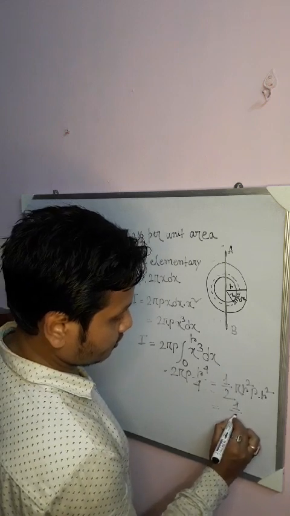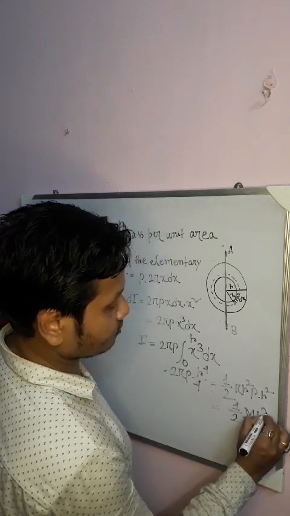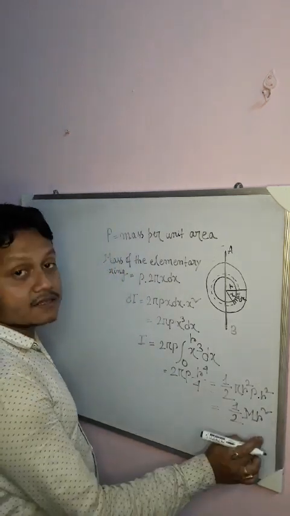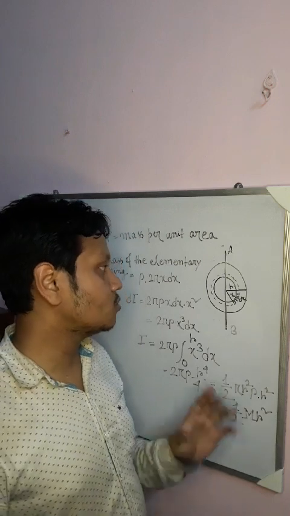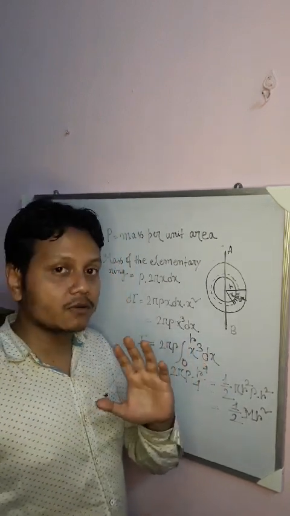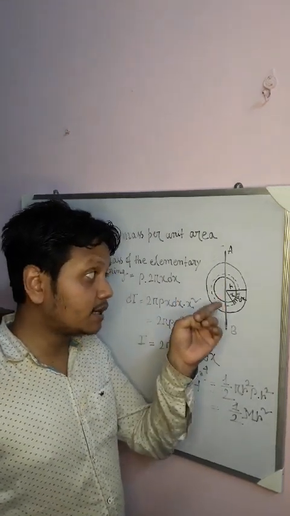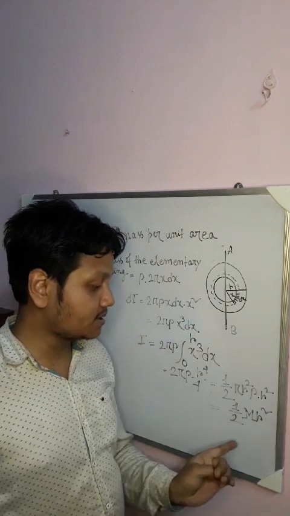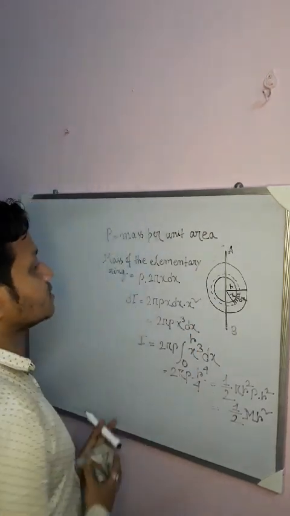So this is the result that we require: the moment of inertia of a circular disc about an axis passing through the center and perpendicular to the plane of the disc is half m r square.